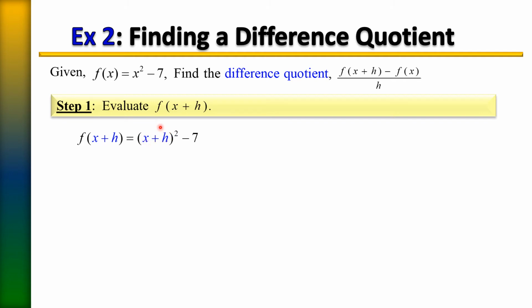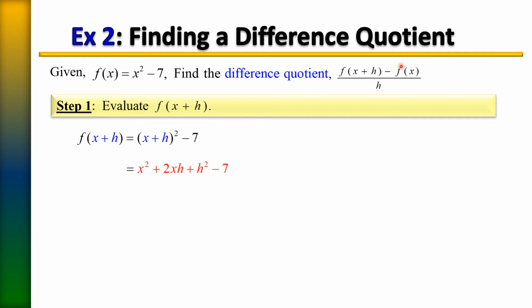So the middle term is going to be 2xh. To get your last term, square this number, and that's going to be h squared. And then notice we have the negative 7 there in the back. So we have done the first part, which is to evaluate the function for x plus h.